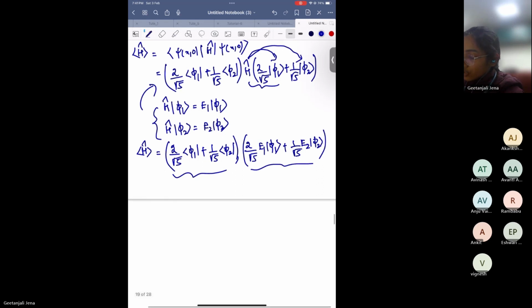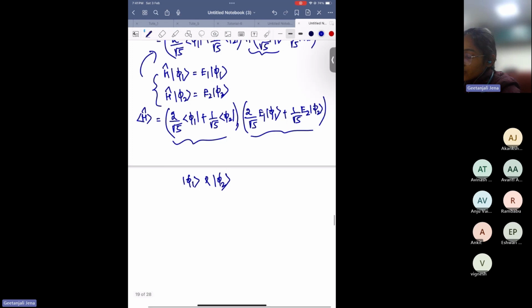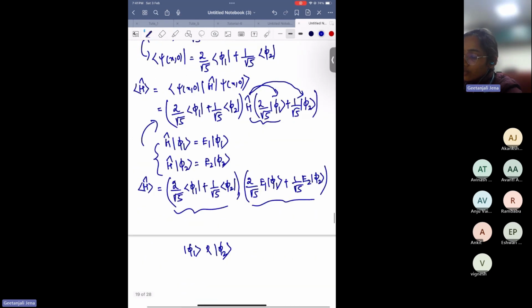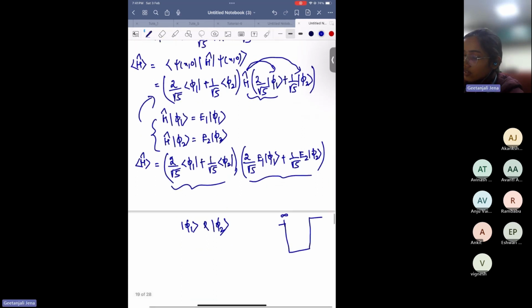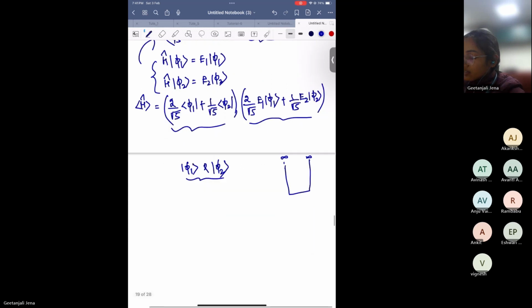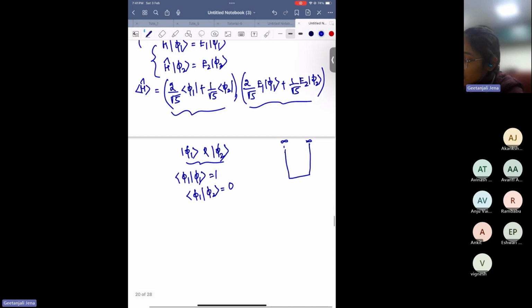Now you know that phi 1 and phi 2 are the normalized states of this particle, which is confined inside this infinite potential well. So when you take the inner product of phi 1 with phi 1, it will give 1, and when you take phi 1 with phi 2 or phi 2 with phi 1, it will give 0 within this region.